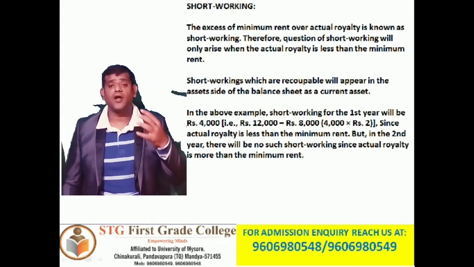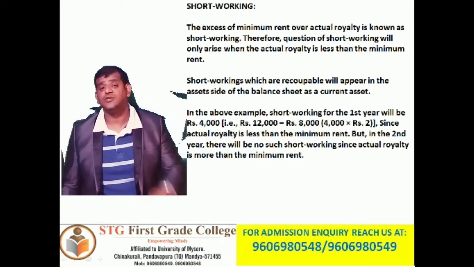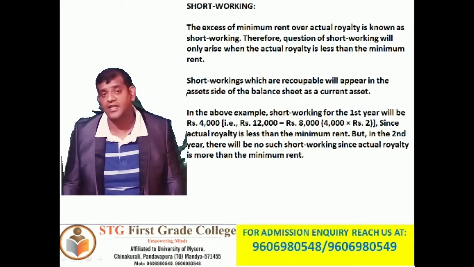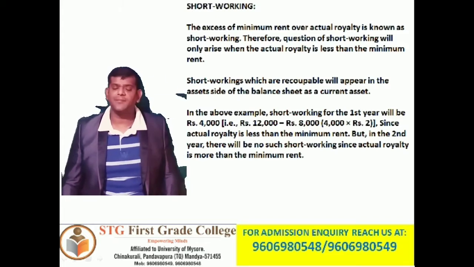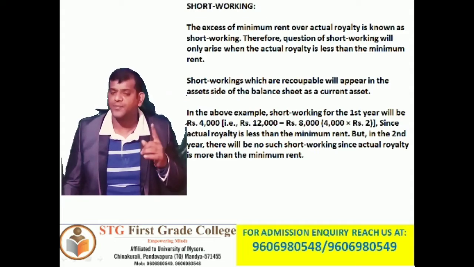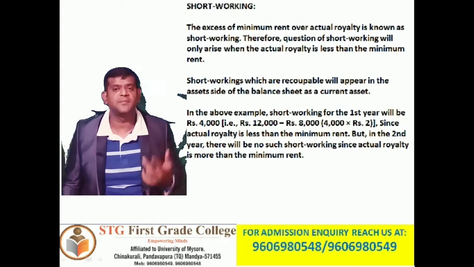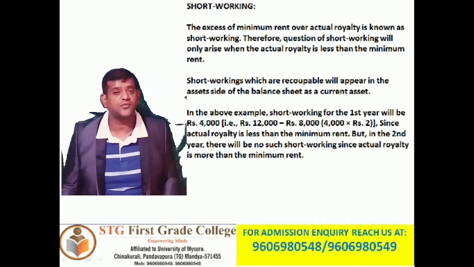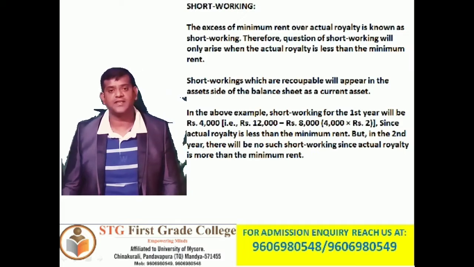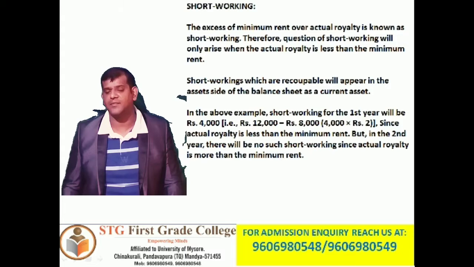See, the royalty which can be recovered in future days should always be reflected on the asset side of the balance sheet. In the above example, short working for the first year will be rupees 4,000, correct? 4,000 into 2 is 8,000, minimum rent is 12,000. 12,000 minus 8,000, so short working is 4,000 rupees. Since the actual royalty is less than the minimum rent, there is short working.